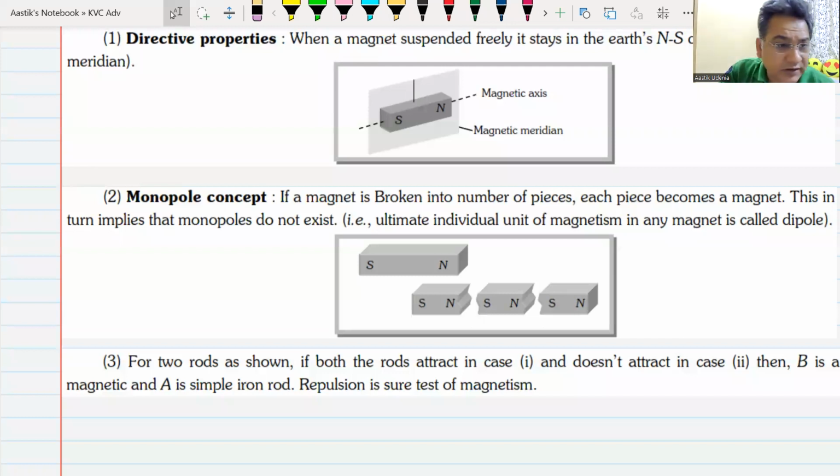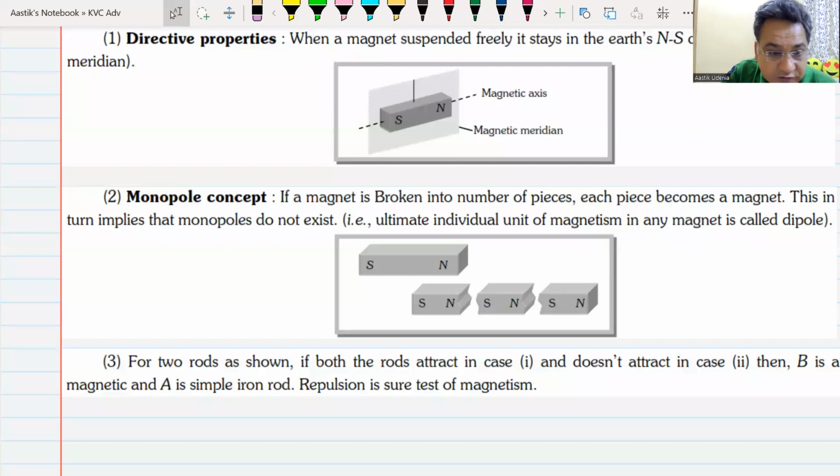Okay, then we move on to the next concept, and the next thing that we have to understand is the pole strength of a magnet. Now, what do you mean by pole strength of the magnet? A magnet is going to attract other magnets and magnetic material. The strength with which it attracts other materials or other magnets is known as its pole strength.